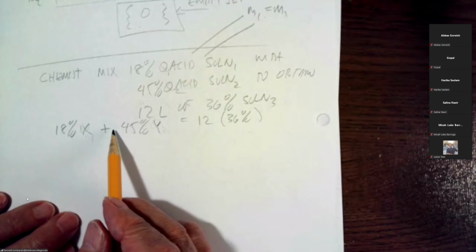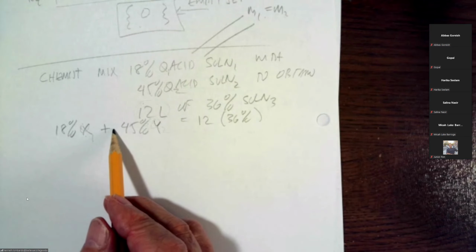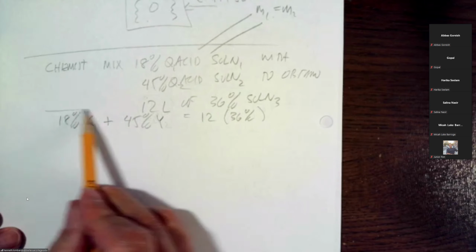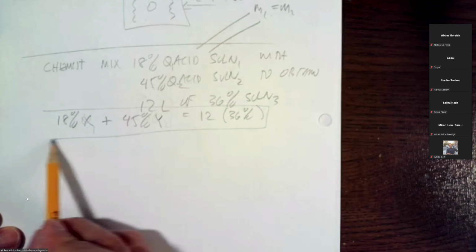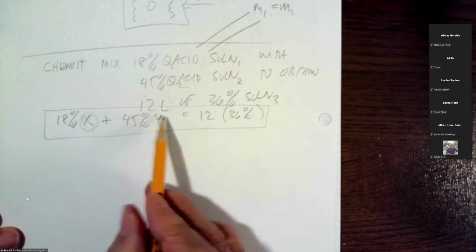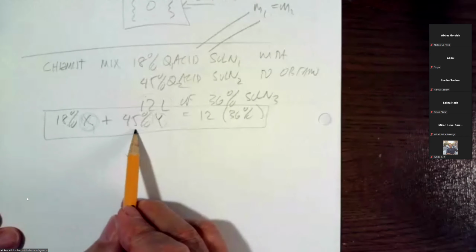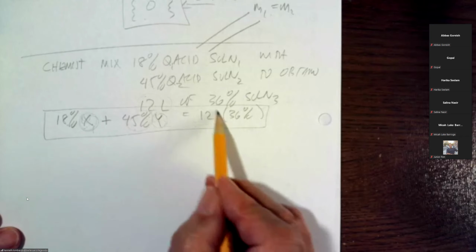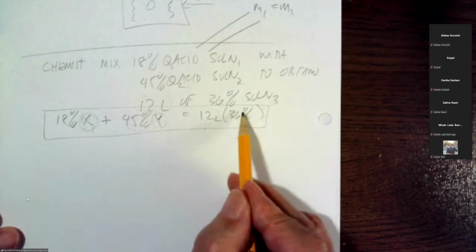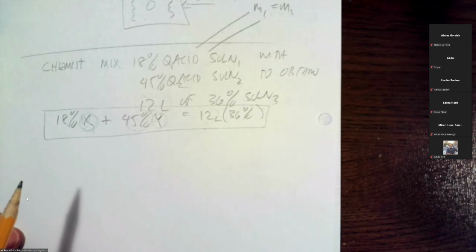Maybe I'll call this y. And remember, x and y are the quantities, aren't they? So I've got this equation, which relates an 18% solution, this much of it, and this much of a 45% solution. And that gives me 12 liters of a 36% solution.